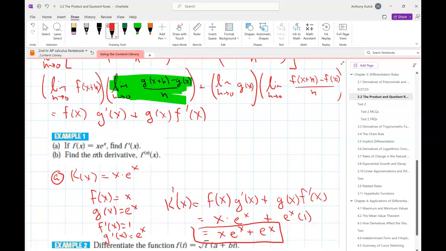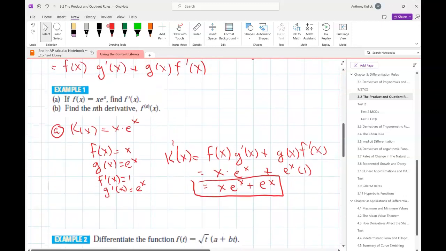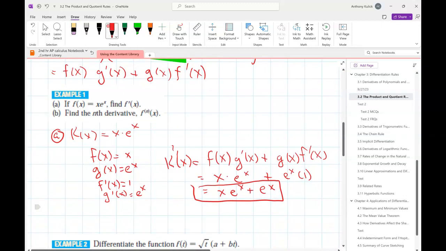The derivative of e to the x is e to the x. Always. Yep. Okay. So part B says to find the nth derivative of f of x.